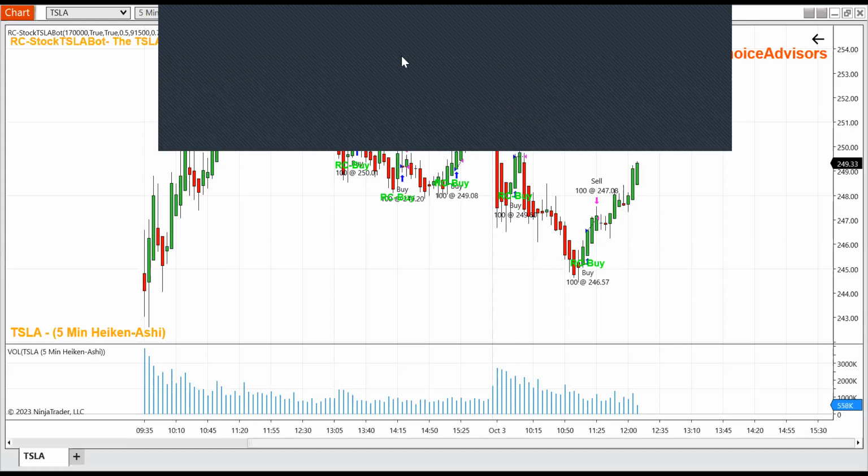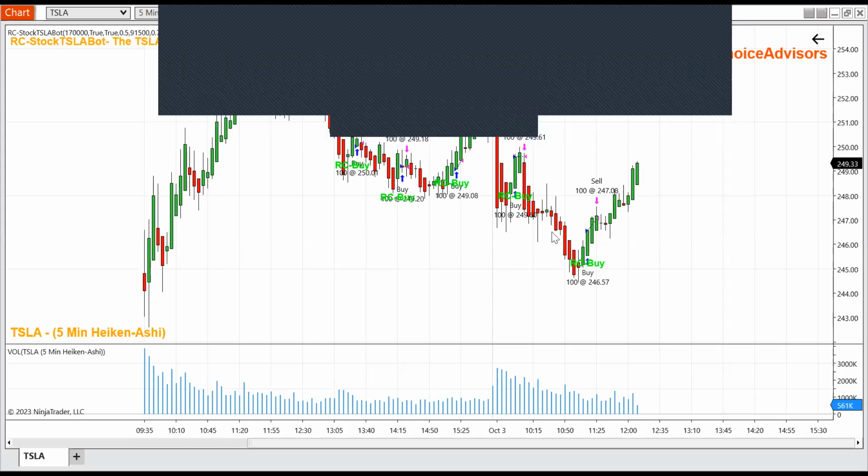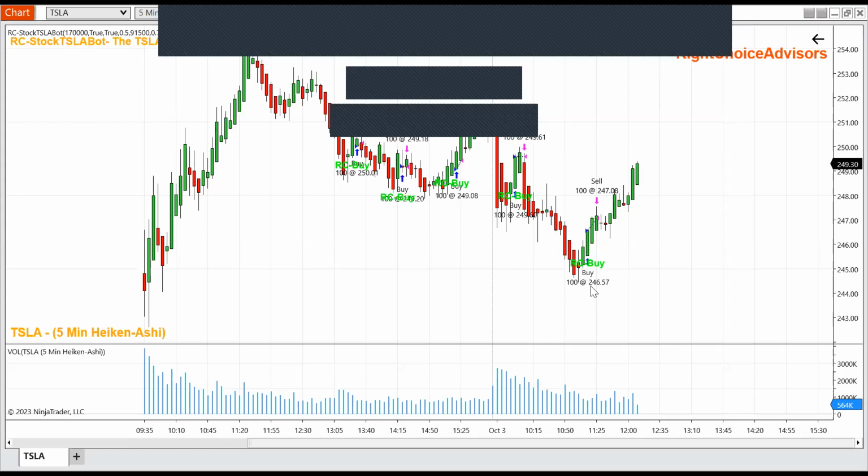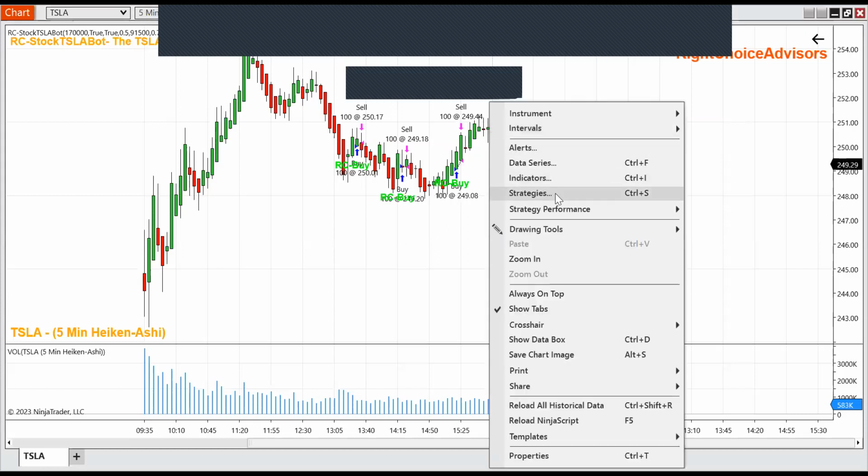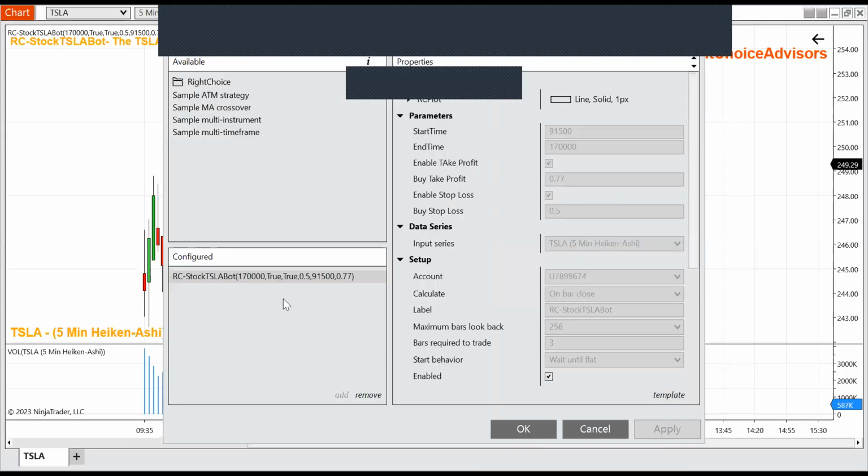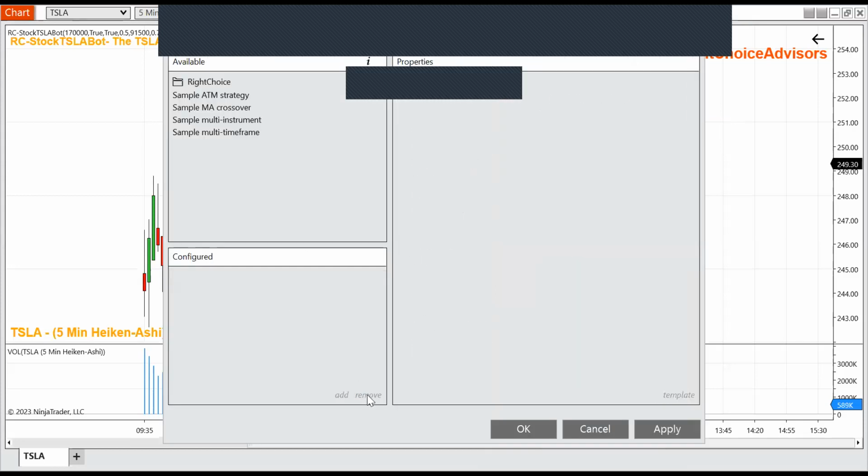So for example, you see the algo bought Tesla stock at 246.57. And we can put a certain percentage like this.